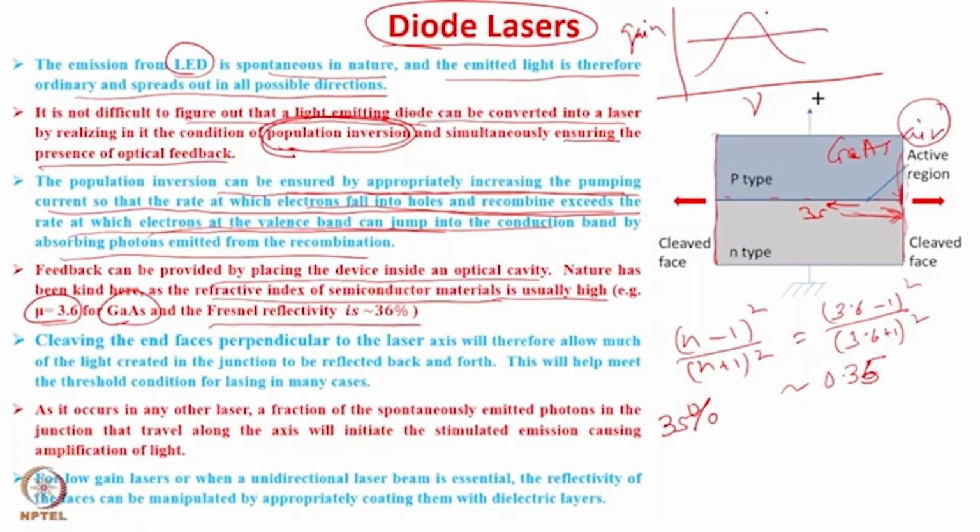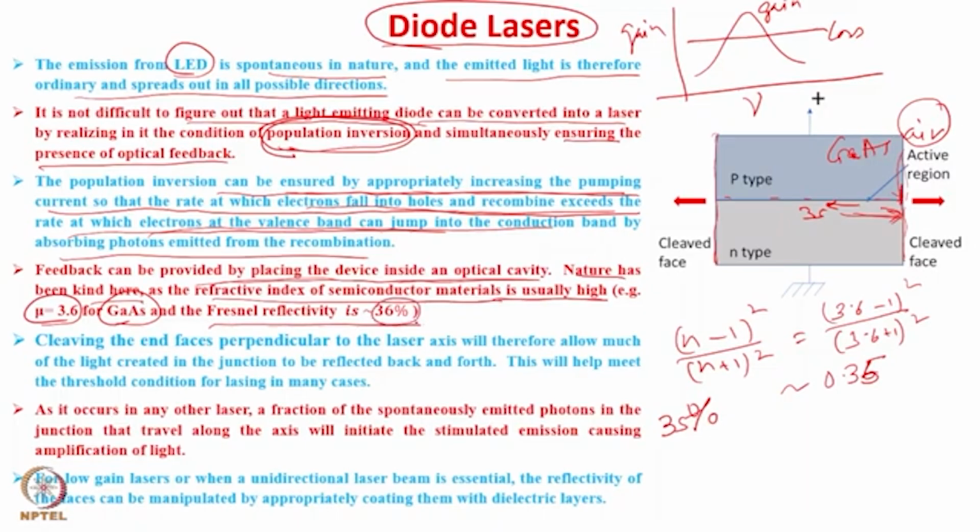So the gain can exceed loss, and the lasing will be sustained. So that's what it is. Feedback can be provided by placing the device inside an optical cavity. Nature has been kind here, as the refractive index of semiconductor material is usually high, providing quite high reflectivity, about 36%.